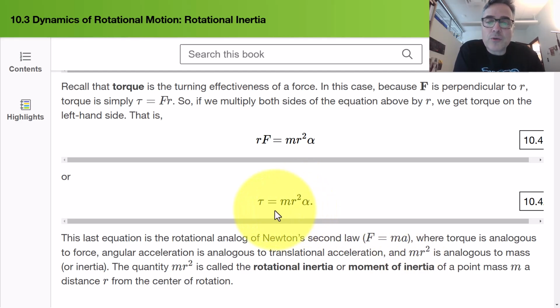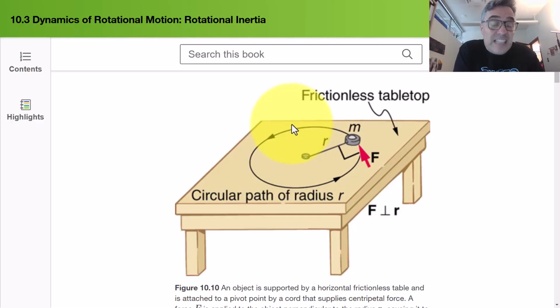And this m r squared for a particular particle is called the rotational inertia, or sometimes the moment of inertia, of a point mass m a distance r from the center of rotation. Here is an example of a point mass m going around in a circular path. You push it with a force F, giving it a torque, and this will give it some angular acceleration on that path.